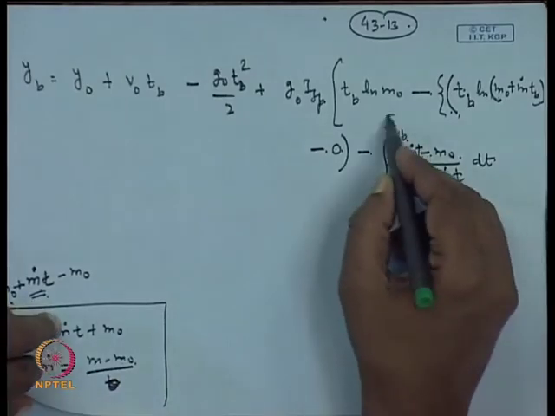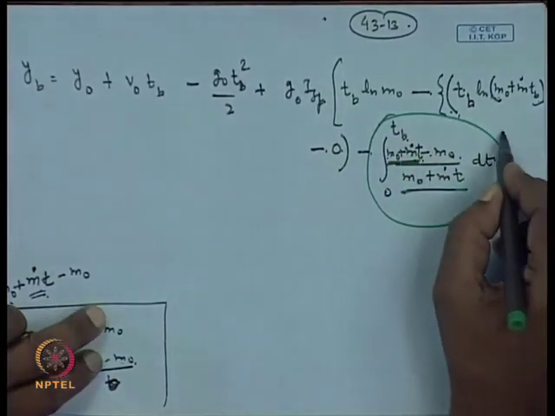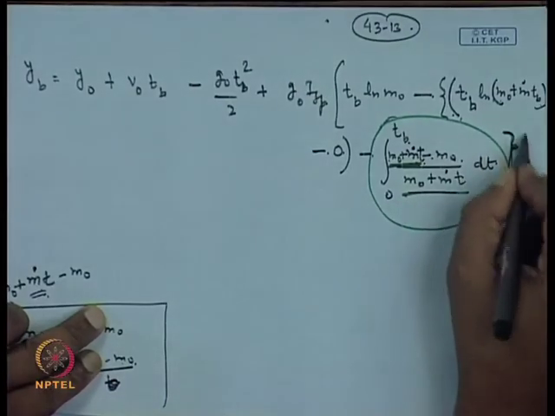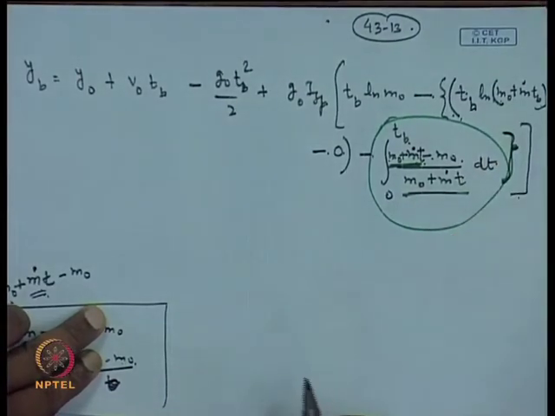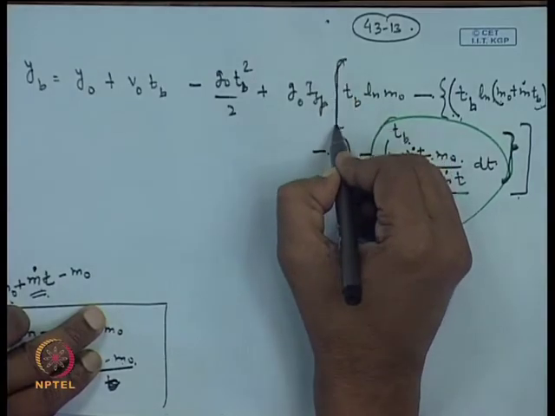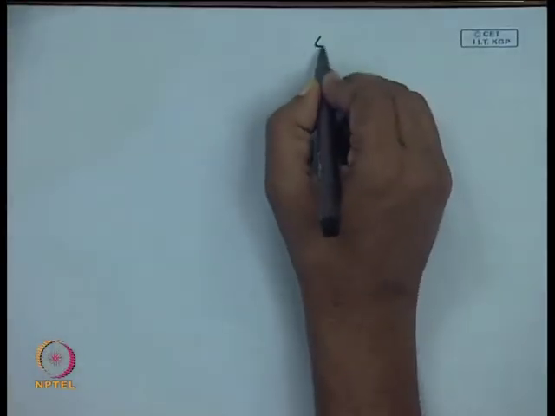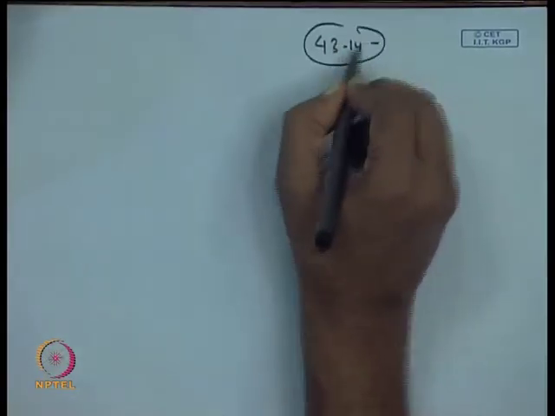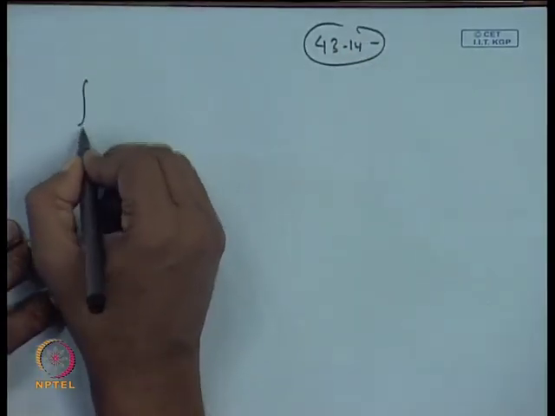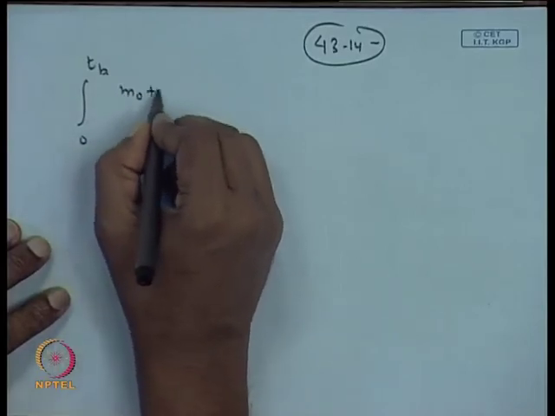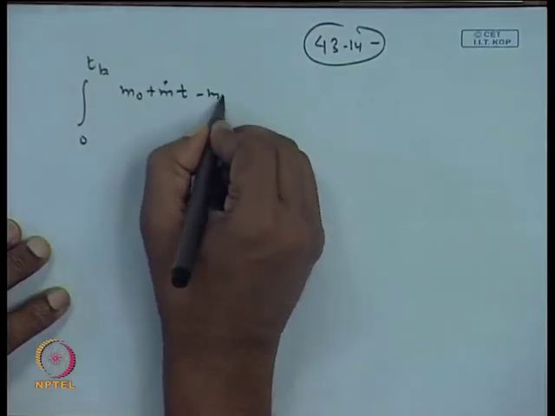We will carry this term separately, inside the curly bracket, and then the capital bracket closed. Work out this term separately, from 0 to T b, of (m 0 plus m dot t minus m 0).